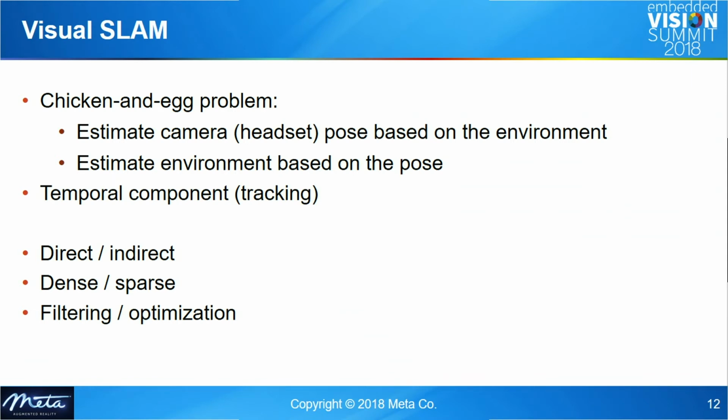Indirect, on the other hand, means that you first do feature extraction and feature matching, and then you use the geometric error, or the distance between the projected and actual feature, as the error measure.